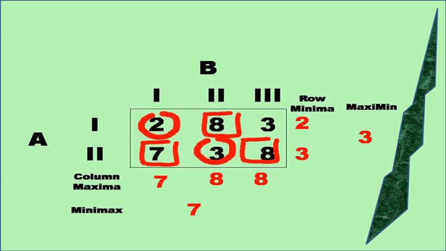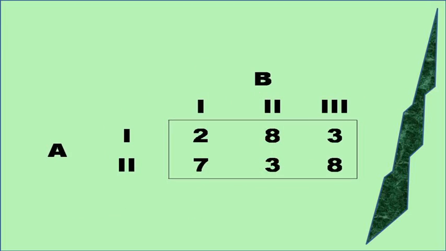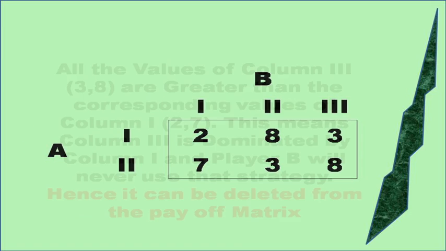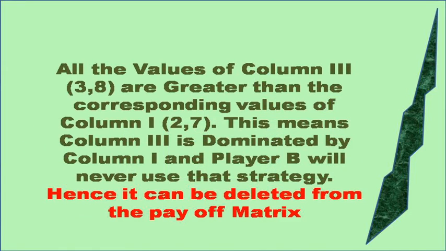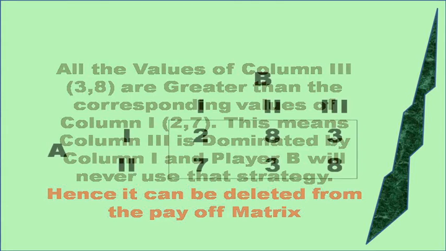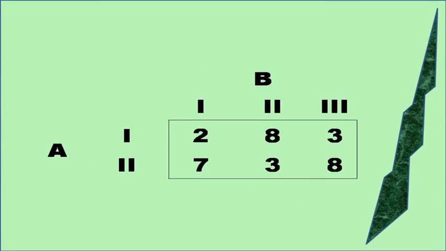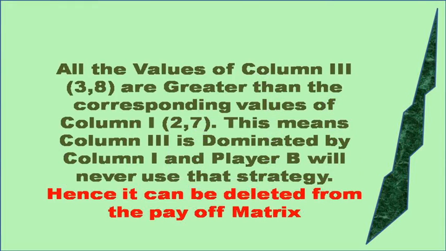So again we will go for the rules of dominance and try to reduce the size of the matrix. This is the matrix, and if we see the values of column 3, that is 3 and 8, they are more than the values of column 1, that is 2 and 7.